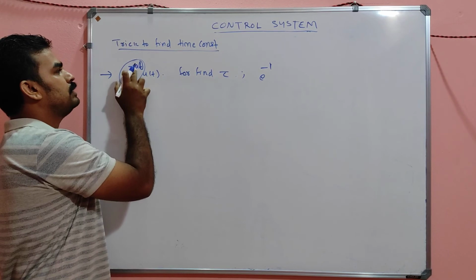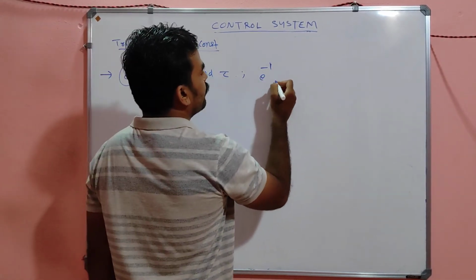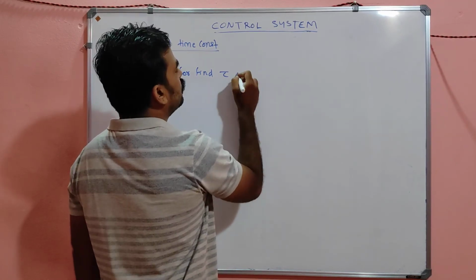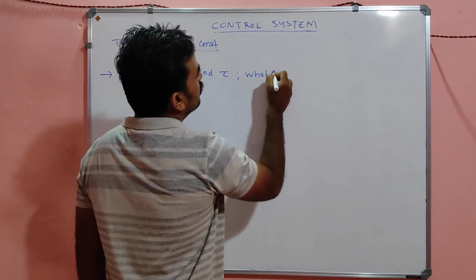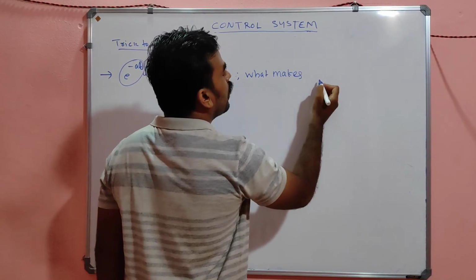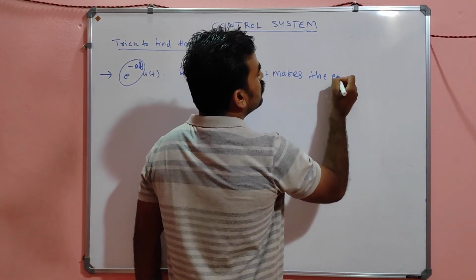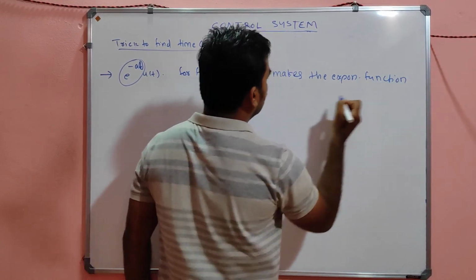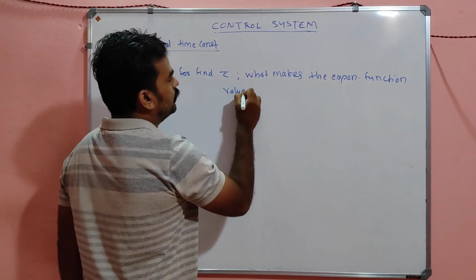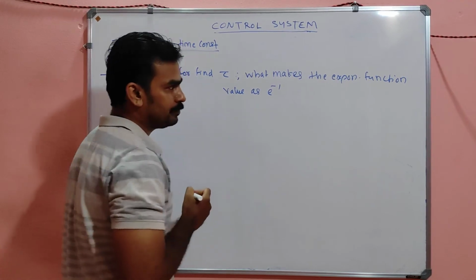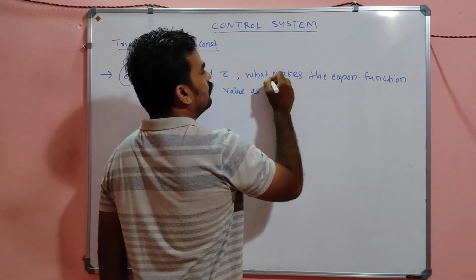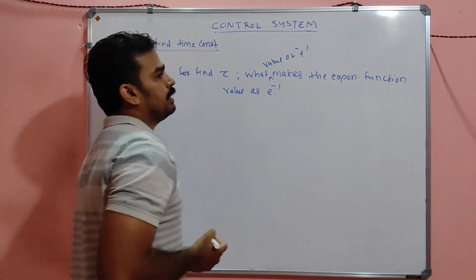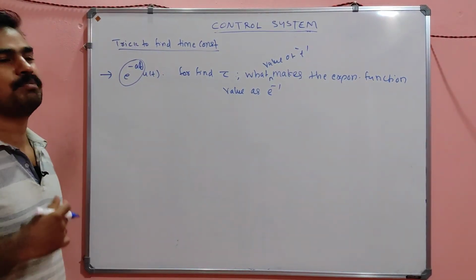So I will write, for finding tau: what value of t makes the exponential function's value e raised to minus 1?